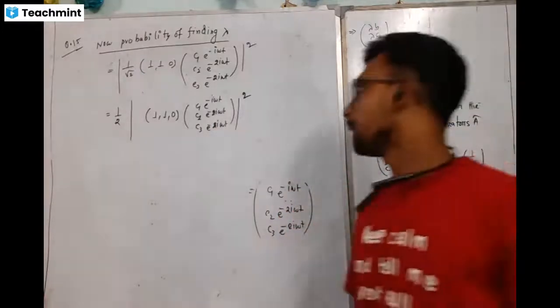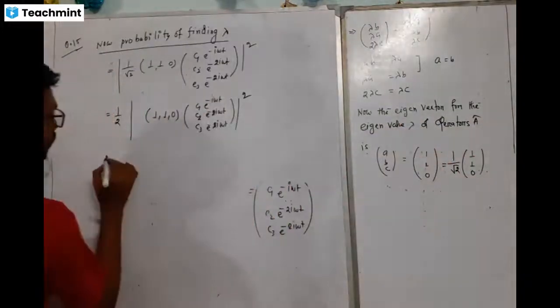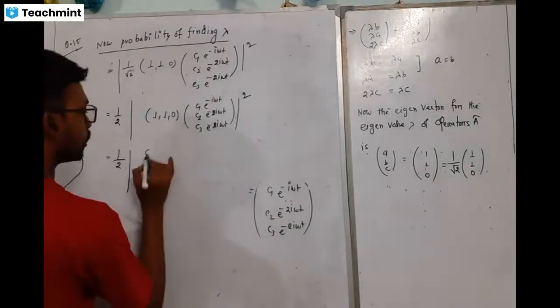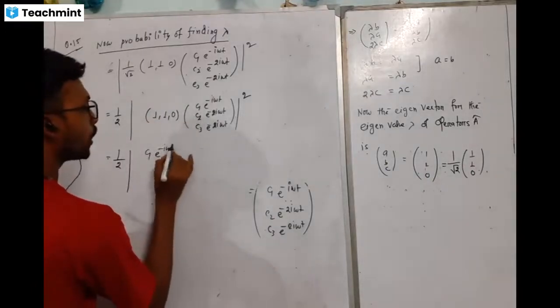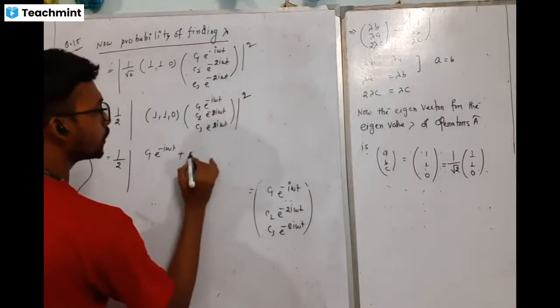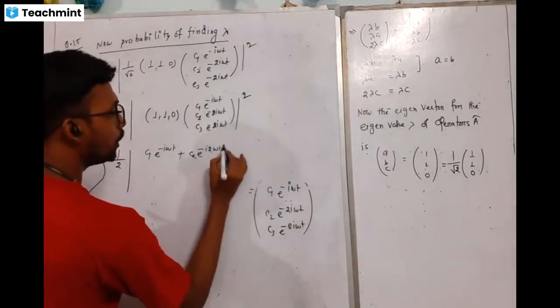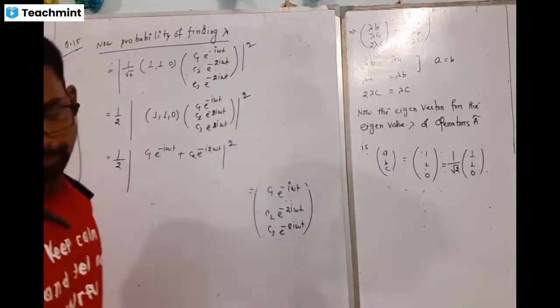Okay, fine. Now multiply this: 1 by 2 mod of C1 e to the power minus i omega t plus C2 e to the power minus 2i omega t, mod square.